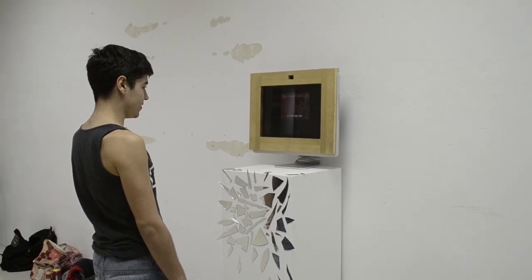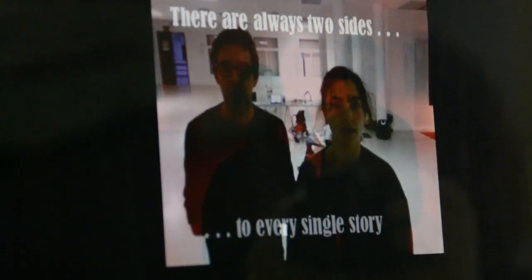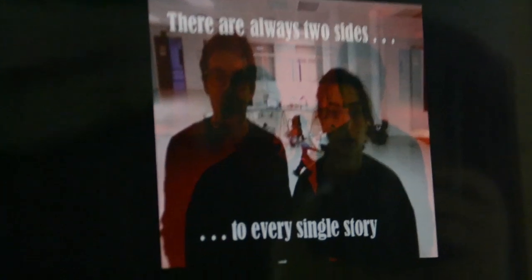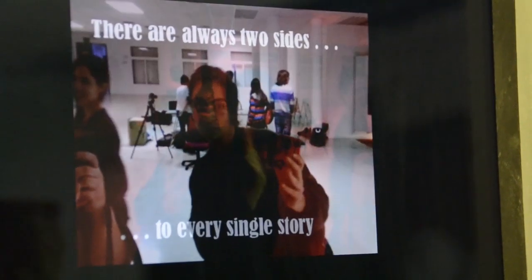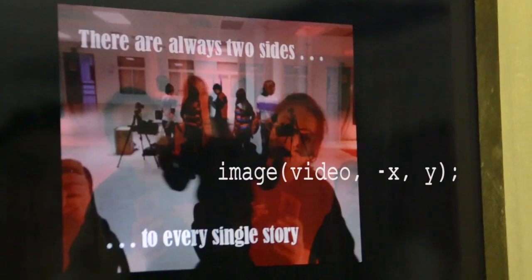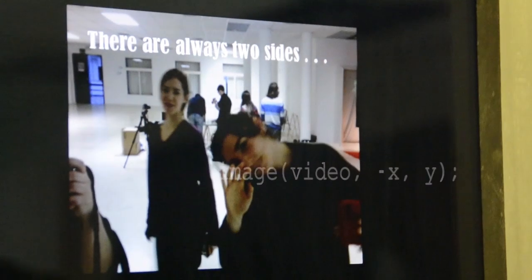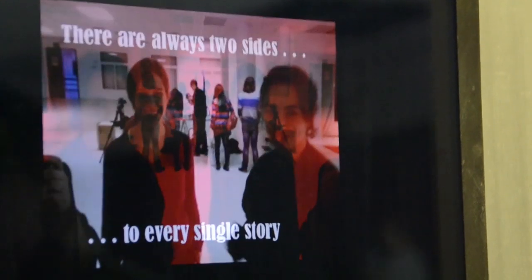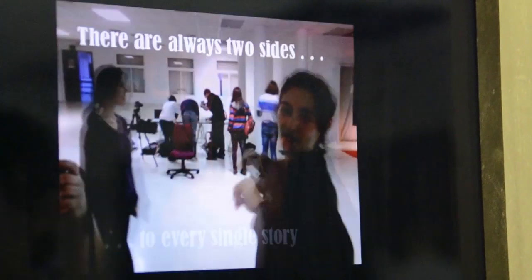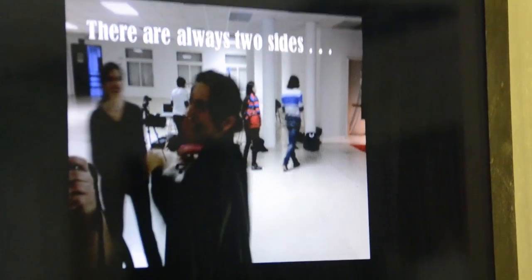By decreasing the opacity of each image, we would make it seem like a ghostly reincarnation of our bad side and our good side. Other than this, the negative value of the x variable would allow us to flip around one of the images caught by the cam on the x-axis, making it seem like we were actually staring at a reflection of ourselves in a mirror.